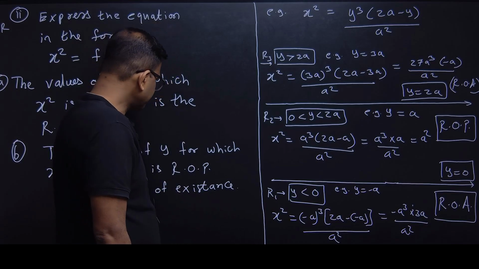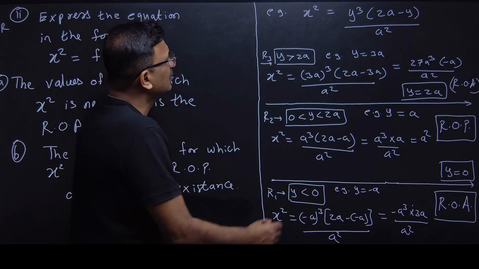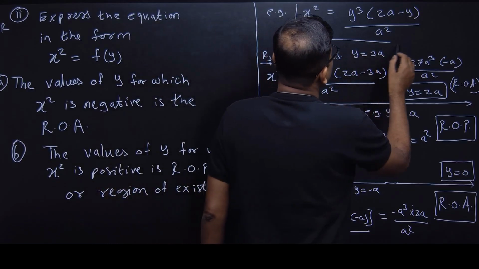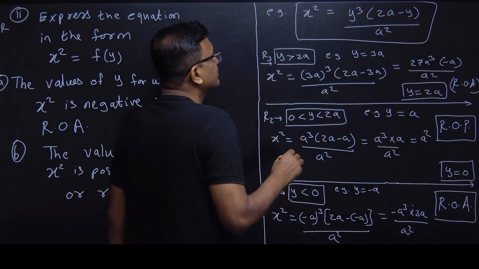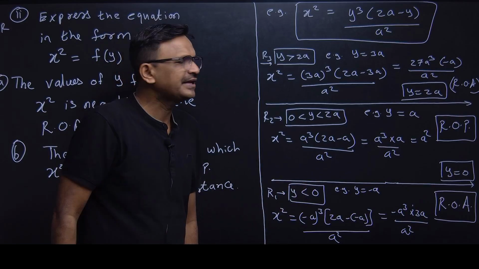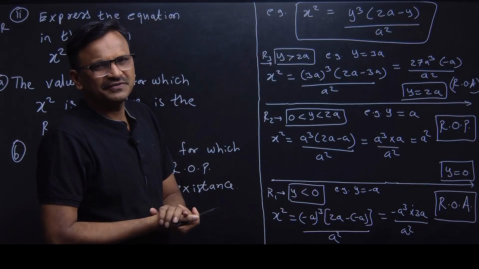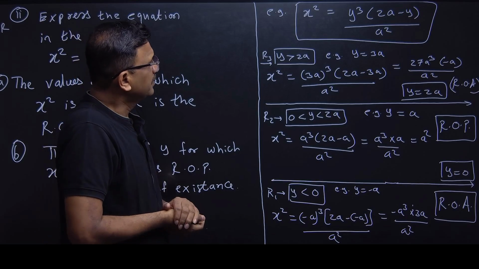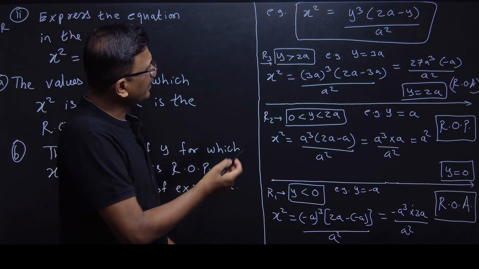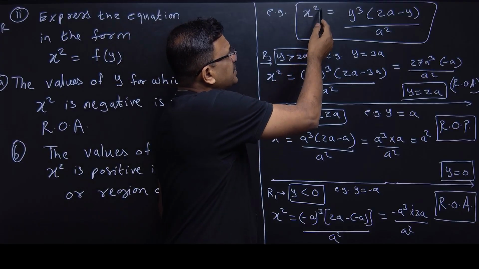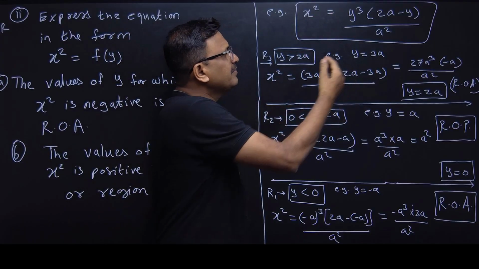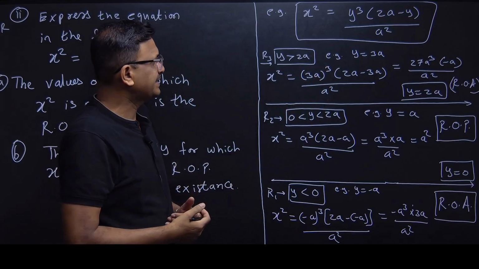Now, we'll consider an example. Suppose we have the equation x square is equal to y cube into 2a minus y upon a square. This is, suppose, the given equation. Now, see, observe that I have brought x square on the left hand side, all remaining terms of y on the right hand side.